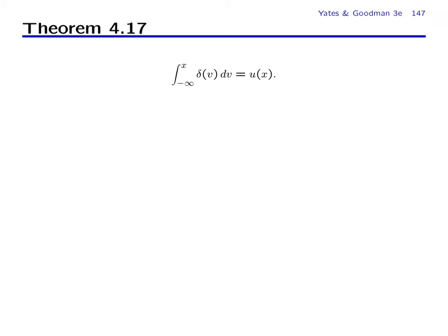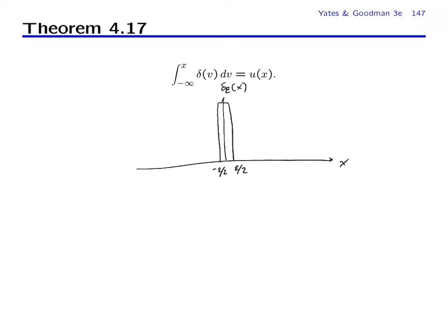A second important property of the delta function is that its integral from minus infinity to x is in fact equal to the unit step. To see this, let's go back and look at our approximation of delta epsilon of x. It looks like this, minus epsilon over 2, epsilon over 2.